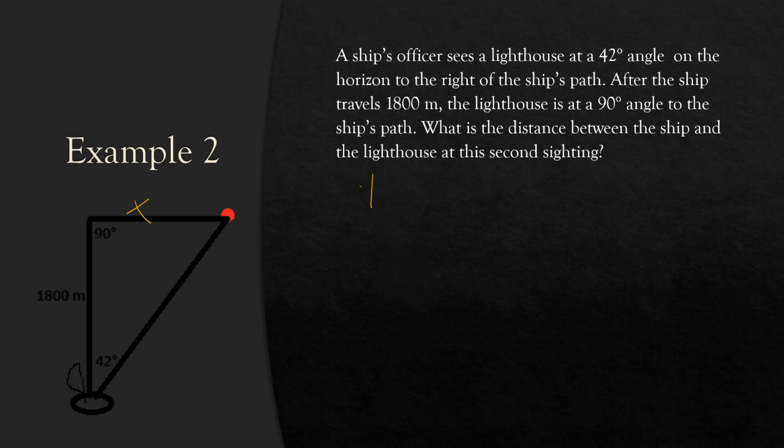So we're still working with tangent. And what angle are we using? 42 degrees. So tangent of 42 degrees is equal to the opposite over adjacent. In this picture, our opposite is the x, our variable, what we want to know. And our adjacent is the 1,800 meters.